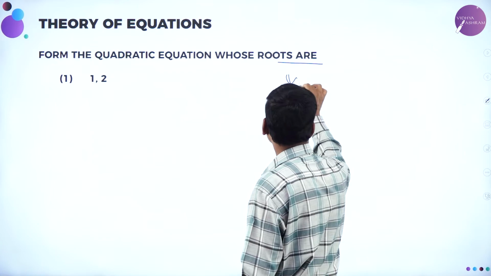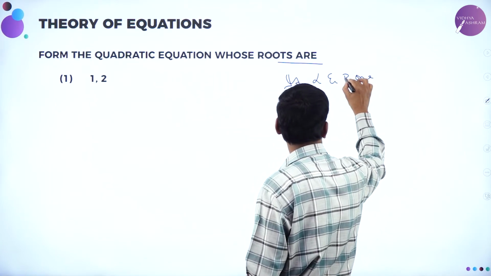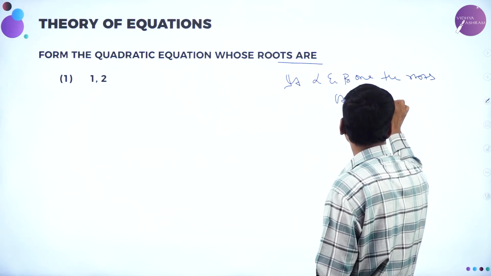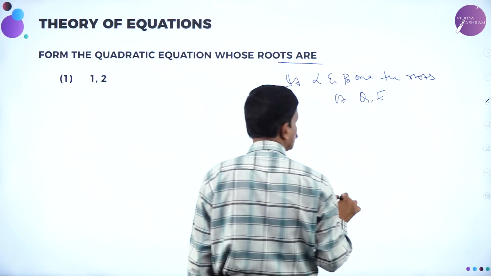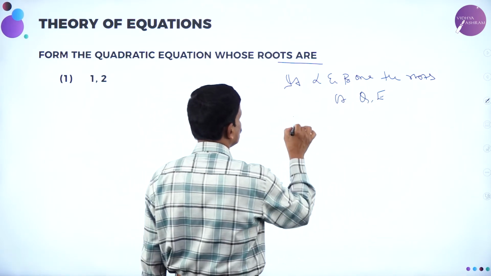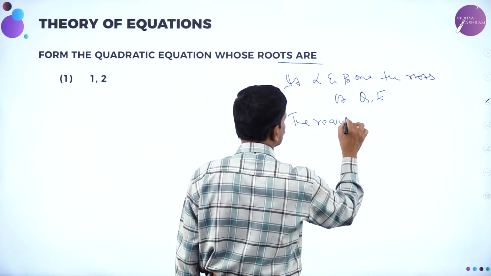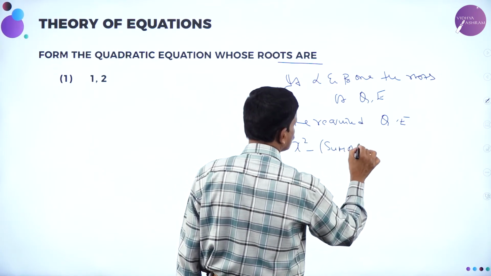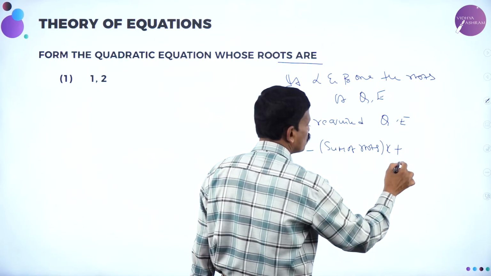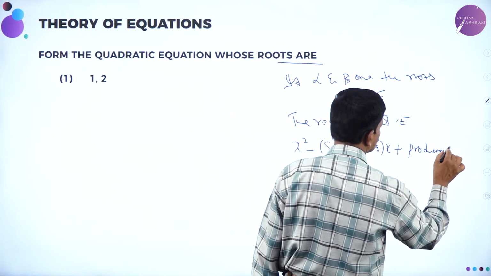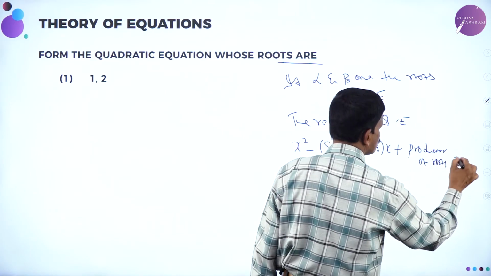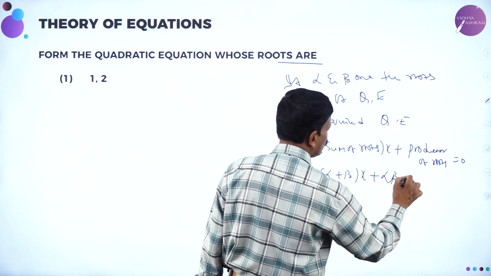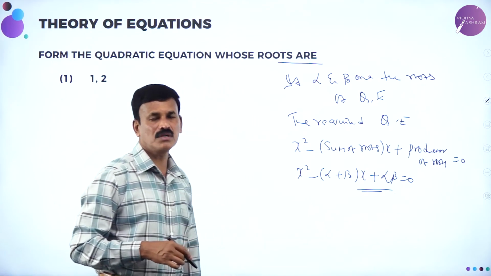Suppose alpha and beta are the roots of a quadratic equation, then the required quadratic equation is x square minus sum of roots into x plus product of roots is equal to 0. That is x square minus (alpha plus beta) into x plus alpha beta is equal to 0. This is a formula we are going to use.